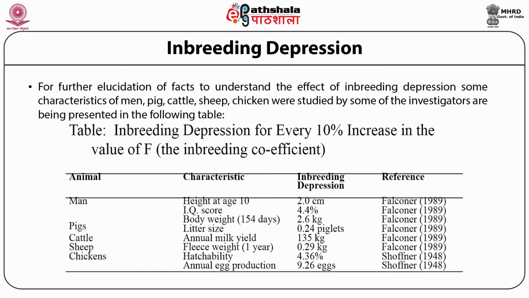Among sheep, body weight loss was found to be 0.29 kilogram due to inbreeding depression. Similarly, in chicken, hatchability was found to be 4.36%, and annual egg production was decreased by 9.26 eggs.